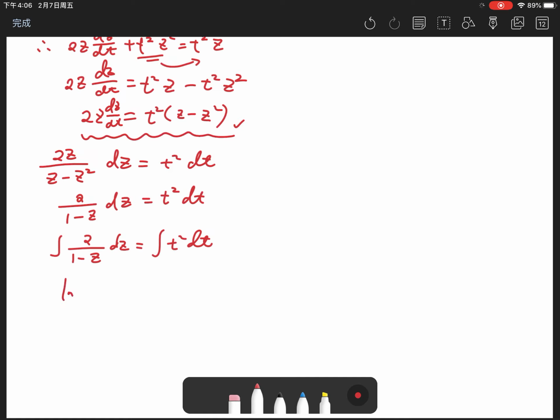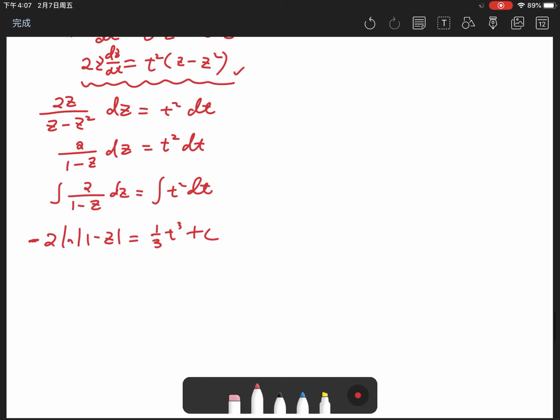The left hand side is just 2 ln of the absolute value of 1 minus z, but we have to use a negative sign to adjust it. So it is negative 2 ln of the absolute value of 1 minus z, and it equals 1 over 3 times t to the power of 3 plus a constant c.